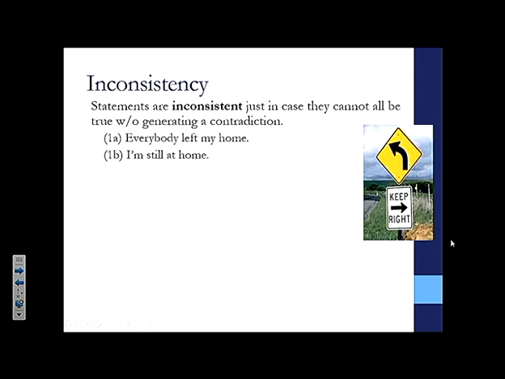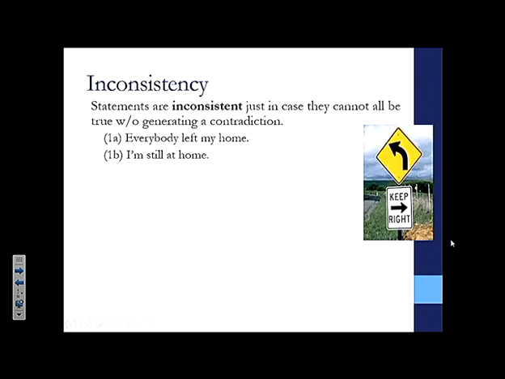All right. So take this example. Everybody left my home. I'm still at home. This is not a contradiction. 1A is not the contradictory of 1B, right? Because what don't we have? We don't have a pair of statements of the form P and not P. But from this pair of statements, we would get a contradiction, right? If both were true, we could infer a pair of contradictory statements.